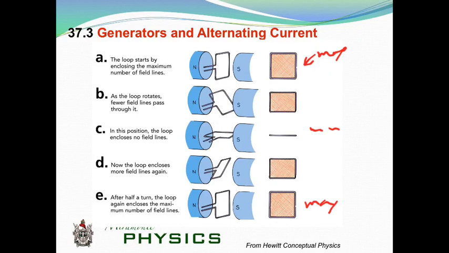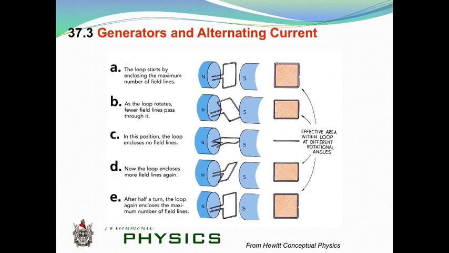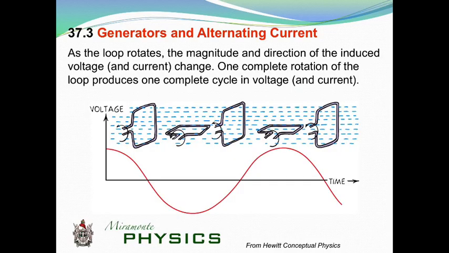Okay? So you go from max to min to max to min. So the effective area within a loop at different rotational angles: even though the area of the loop doesn't change, the effective area through which magnetic field lines cut does change.